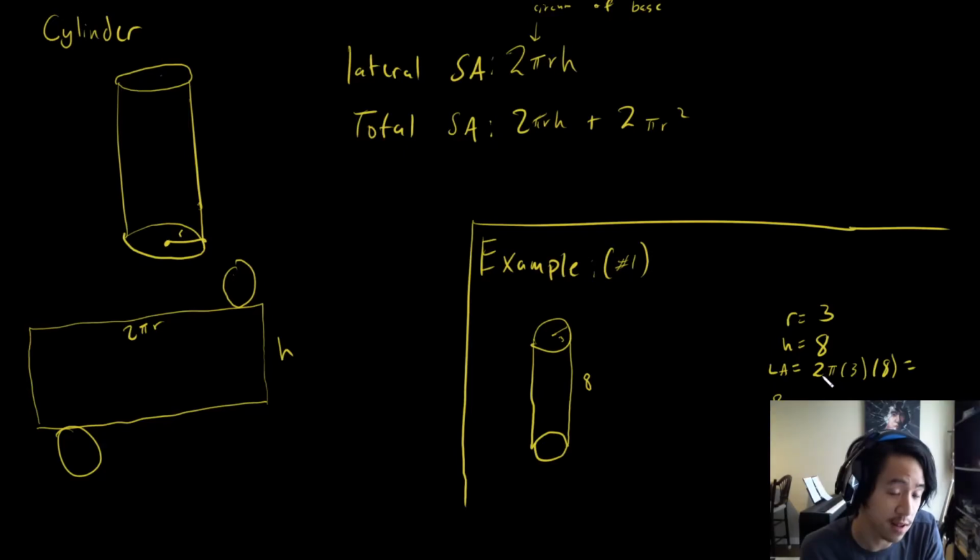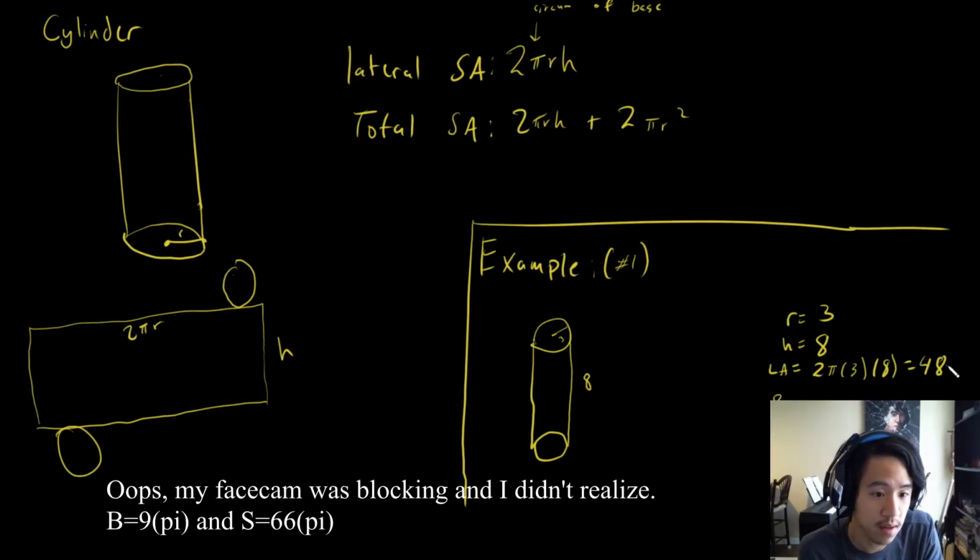So we just multiply these together. 2 times 3 is 6. 6 times 8 is 48 pi. So now B stands for the area of the base. So the area of the base is going to be pi r squared. r is 3, so we have 9 pi, because 3 squared is 9.